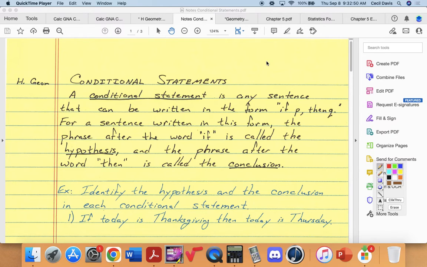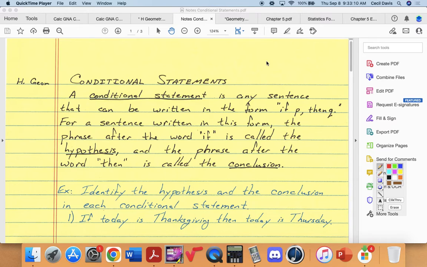Now, most of the time, the conditional statements that you hear are one thing happens and then a different thing happens as a result. They're usually time-bound. The conditional statements that we use in geometry mostly are not time-bound.